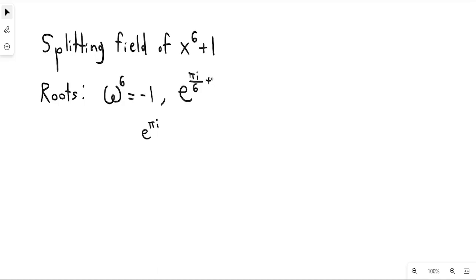And then we could add a factor of pi i over 3, right? Because if I raise this to the 6th power, this could actually be any multiple of pi i over 3, right? So if I raise this to the 6th power, I'm going to get e to the pi i.